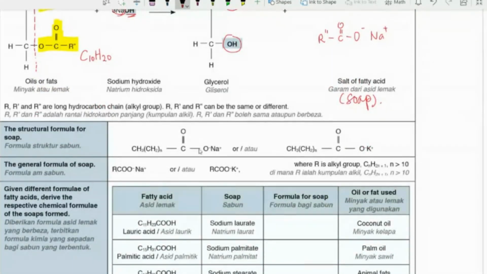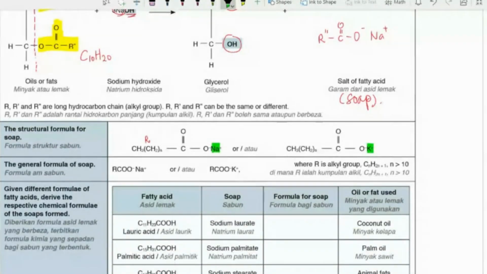Actually you see here, this one is R. R we draw here, as COO minus and Na plus. If you use sodium hydroxide, you'll produce the sodium salt. If you use potassium, it'll be K, hence.